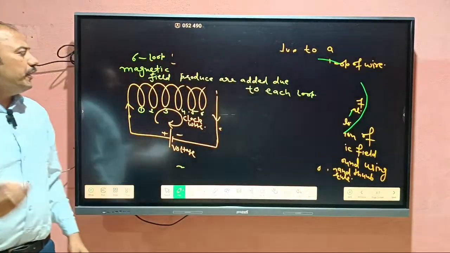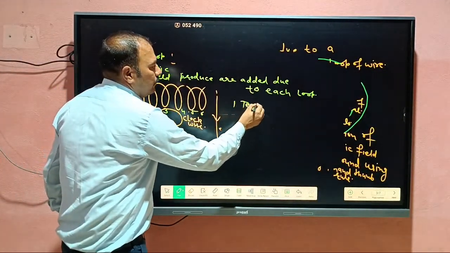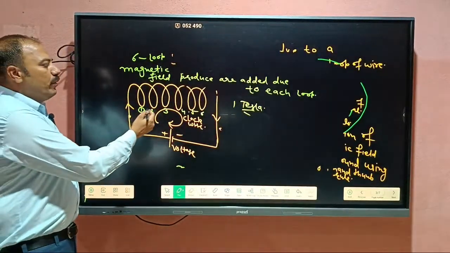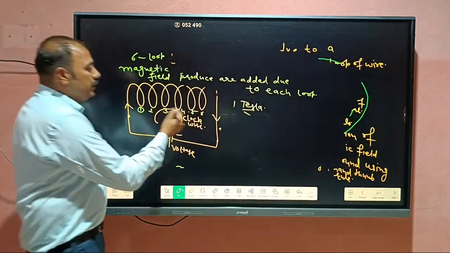For example, if the magnetic field produced by one loop is 1 Tesla, where Tesla is the unit of a magnetic field, and here there are 6 turns, then the magnetic field is 6 times. So how much? Here 6 Tesla.